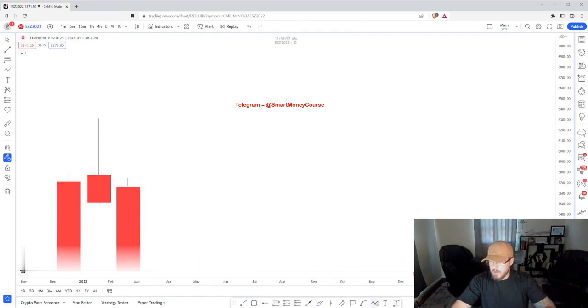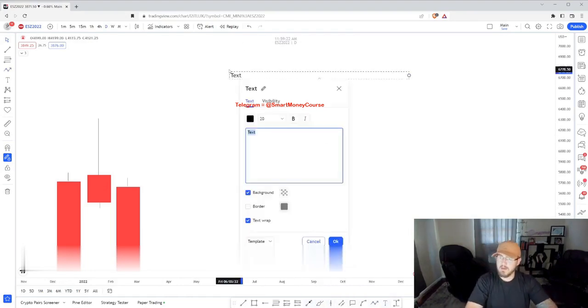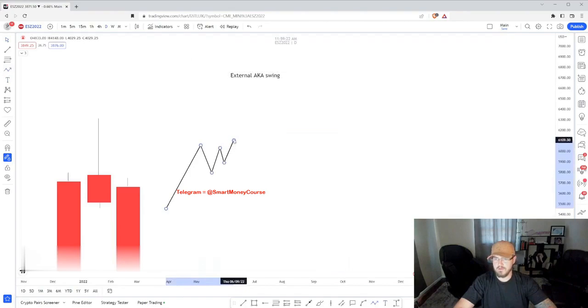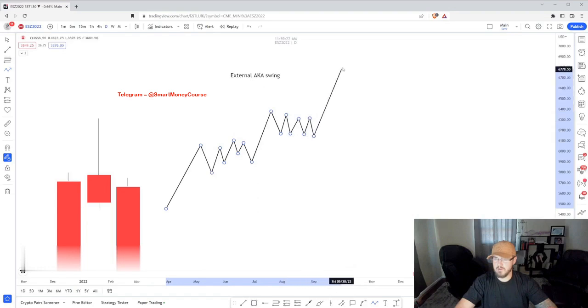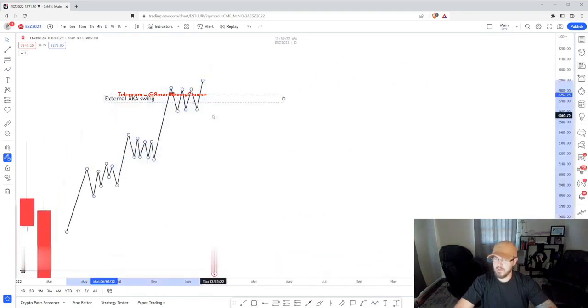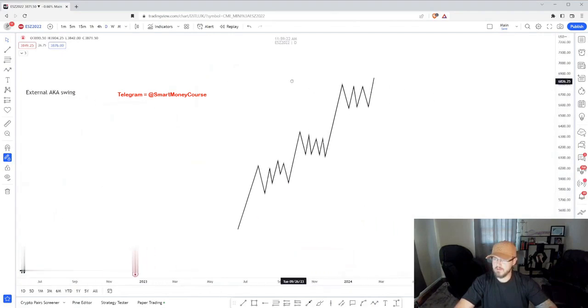We have two different types of structure that we're going to be focusing on. The first is going to be external, and this is also known as swing structure. Whenever we're talking about price and we have these large moves, let's do this over here.